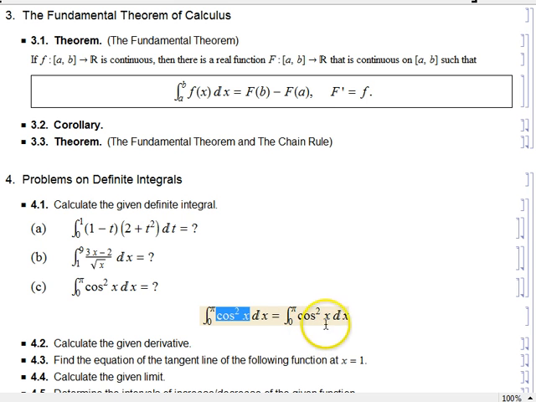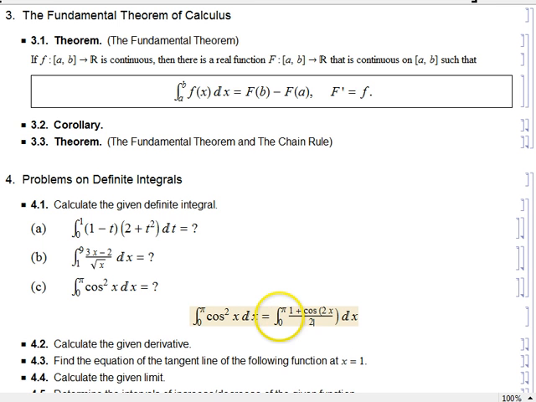Is it sine squared? Actually, no. The antiderivative of cosine squared requires this trigonometric identity. Because if you recall the antidifferentiation formulae, there was a formula regarding cosine function and sine function where the inside is ax plus b, but nothing about cosine squared or cubed or things like those.